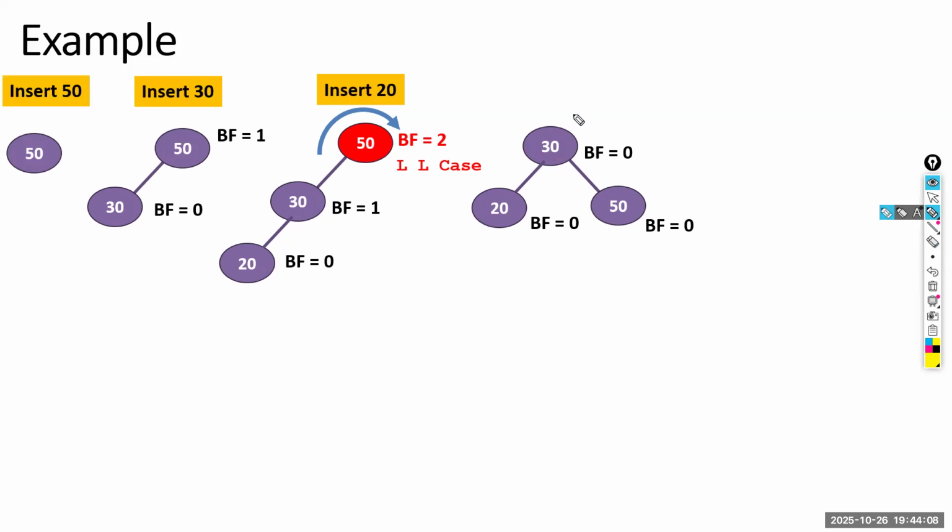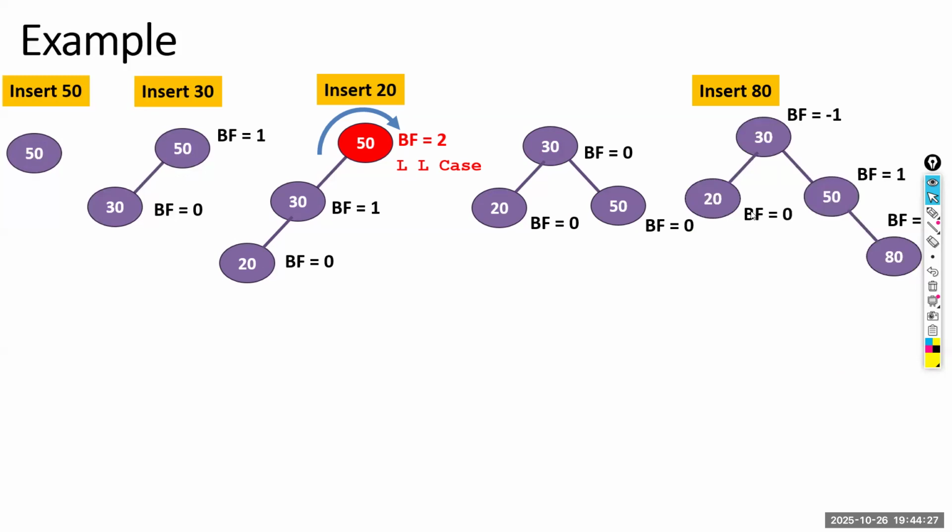So now this is our situation. Let's insert another data, 80. That is not going to break our balance, because it will come either here or here. It's not going to cause any violations. 80 will be the right child of 50. Now here balance factor is 0, fine.